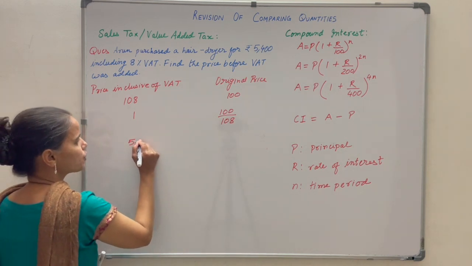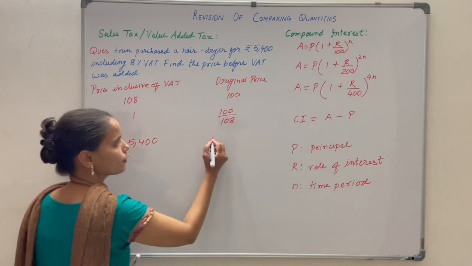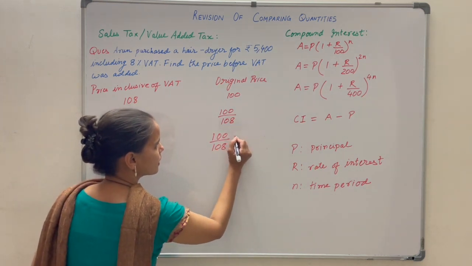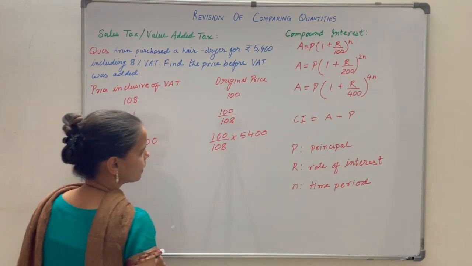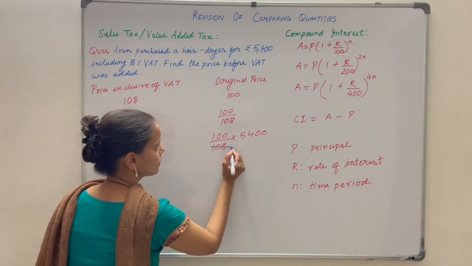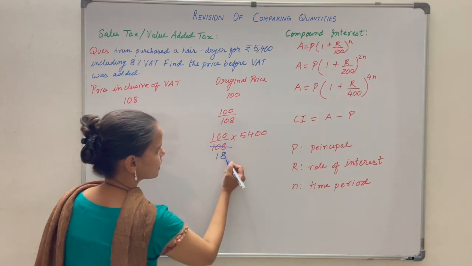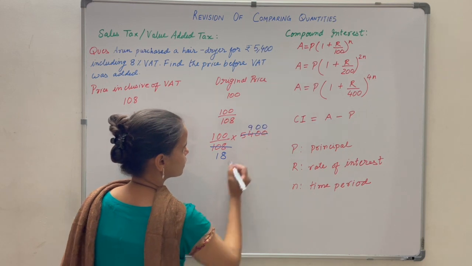But it is 5,400. So how much is the original price when the price inclusive of VAT is 5,400? It means 100 upon 108 into 5,400. Let us now cancel it with 6. So 6 ones are 6, 6 eights are 48, 6 nines are 54 and these two zeros.